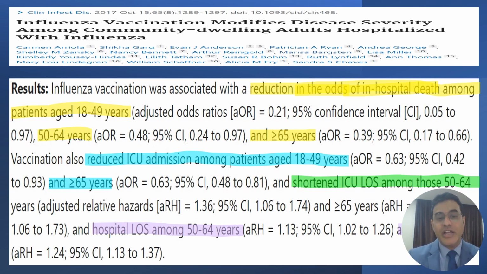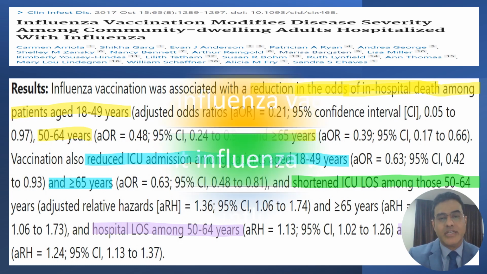Everywhere they have shown a mortality benefit, a reduction in hospital deaths, and reduced ICU admission among all age groups, with a shortened ICU length of stay in elderly people with comorbidities. The length of hospital stay was also significantly shorter in vaccinated people compared to non-vaccinated individuals.